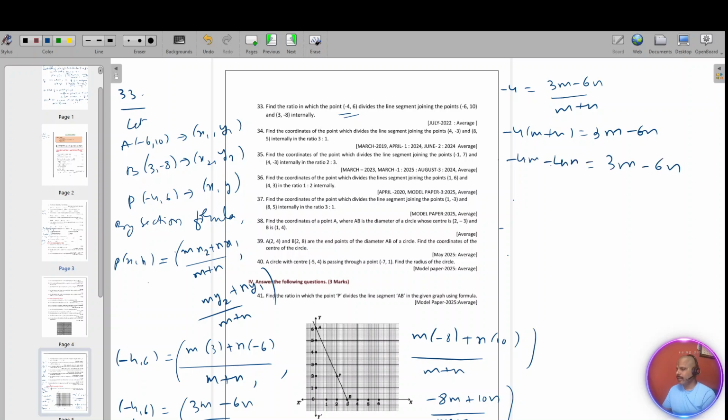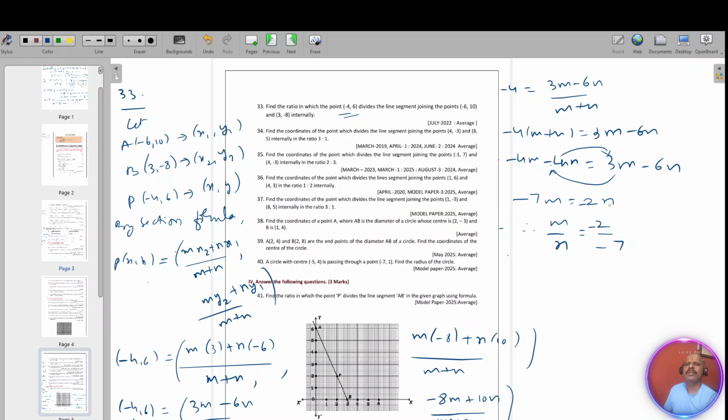Then I'll take m to the left side. So minus 4 minus 3, minus 7m. I'll transpose this to the right side. Minus 6n plus 4n, 2n. I'll take n down, means m by n equal to 2 by minus 7.